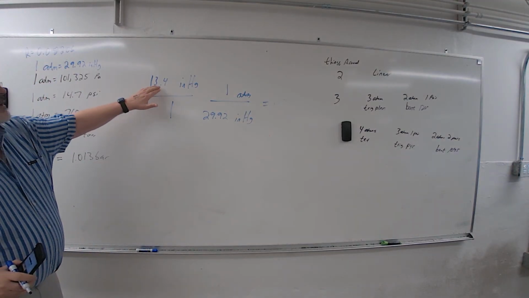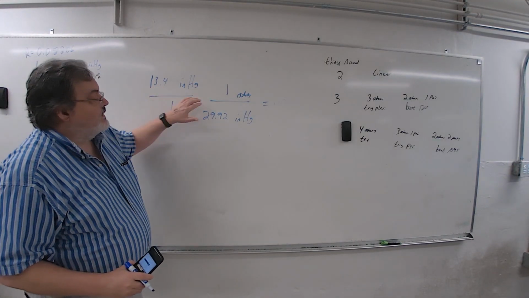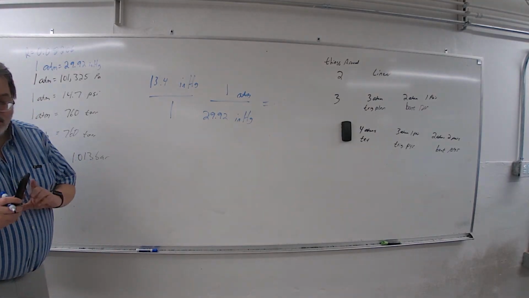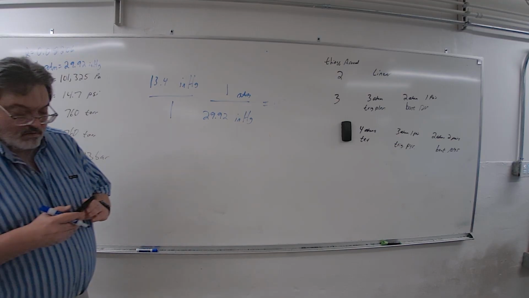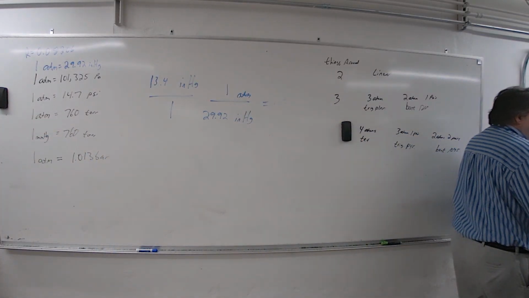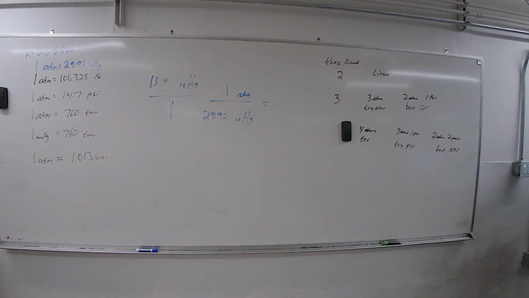This is what was given in the problem, and it's atmospheres to inches of mercury. So 13.4 divided by 29.92 gives 0.4478. Is it going to be set up like that every time? Yeah, well, look at this one, or the ones like PSI to millimeters of mercury.